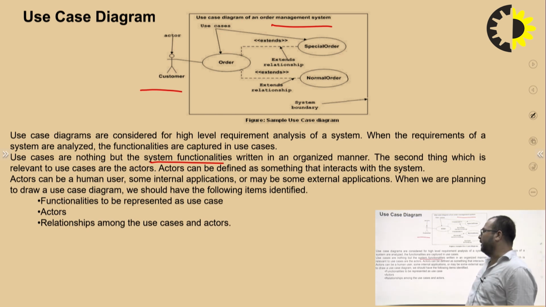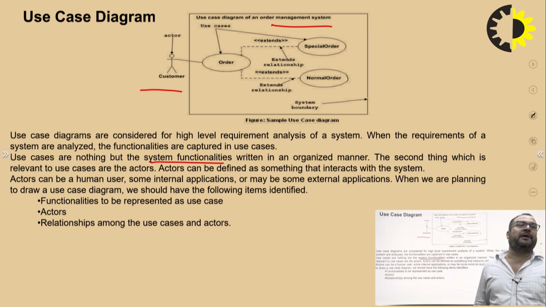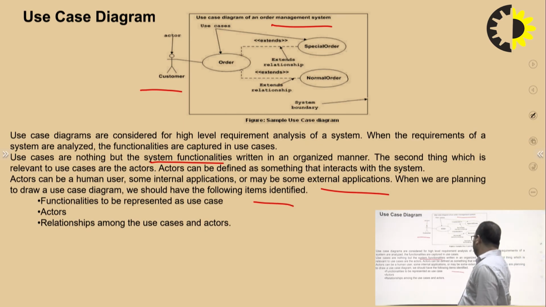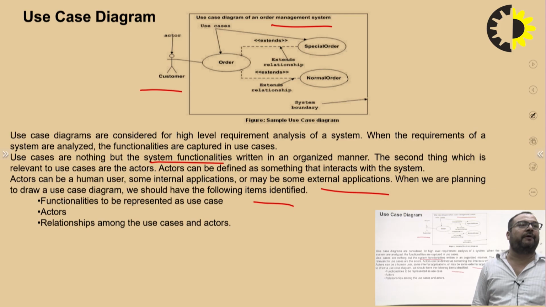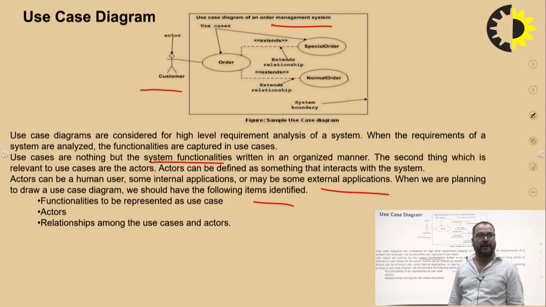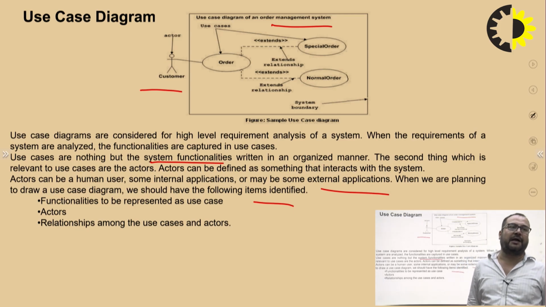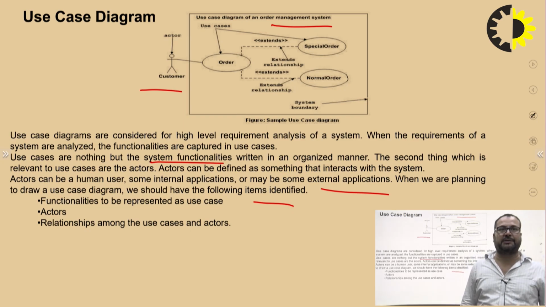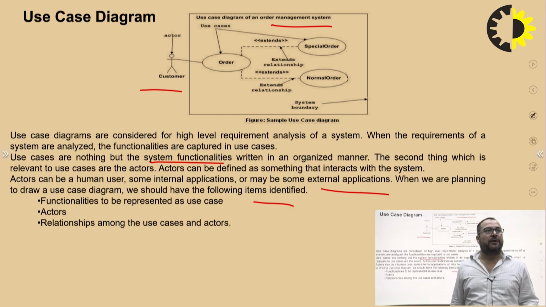An actor can be a human user, some internal applications, or maybe some external applications. So when we are planning to draw a use case diagram, we should identify the following items: what are the functionalities which could be represented as use cases, what are the actors, and the relationships among the use cases and actors. So these all representations come under the use case diagram.